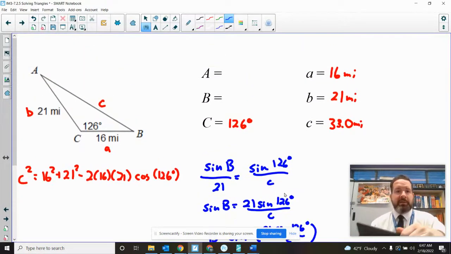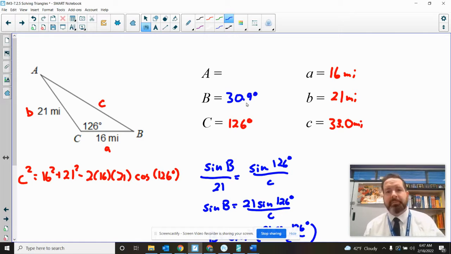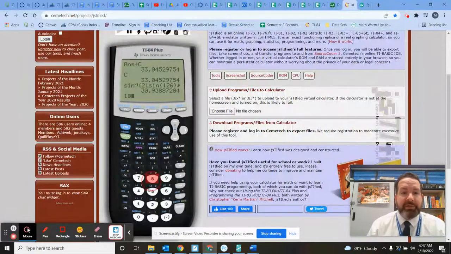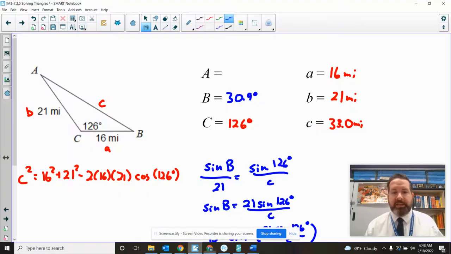So back up to here then, we've got angle B is about 30.9 degrees. And at this point, I would just do 180 minus these two to get that one. Again, I'd like you to use the unrounded version, so let's do 180 minus the 126 we already had, minus the answer we just got. So that means angle A is going to be right around 23.1 degrees.